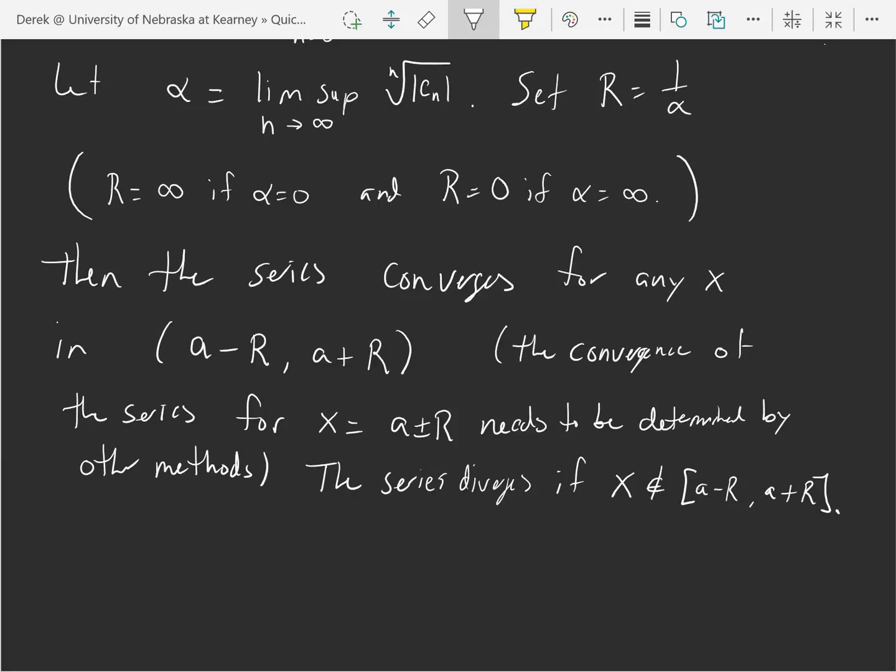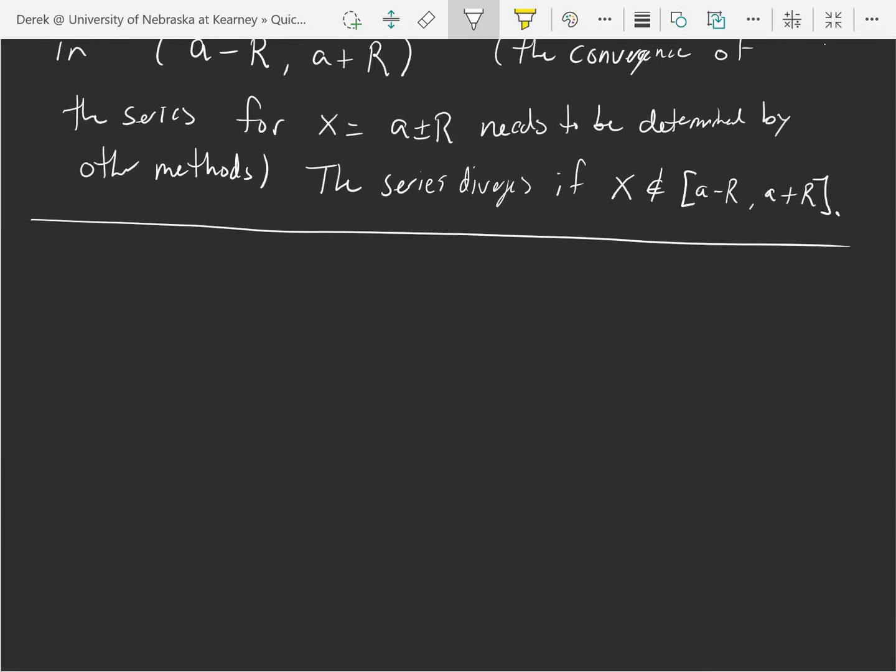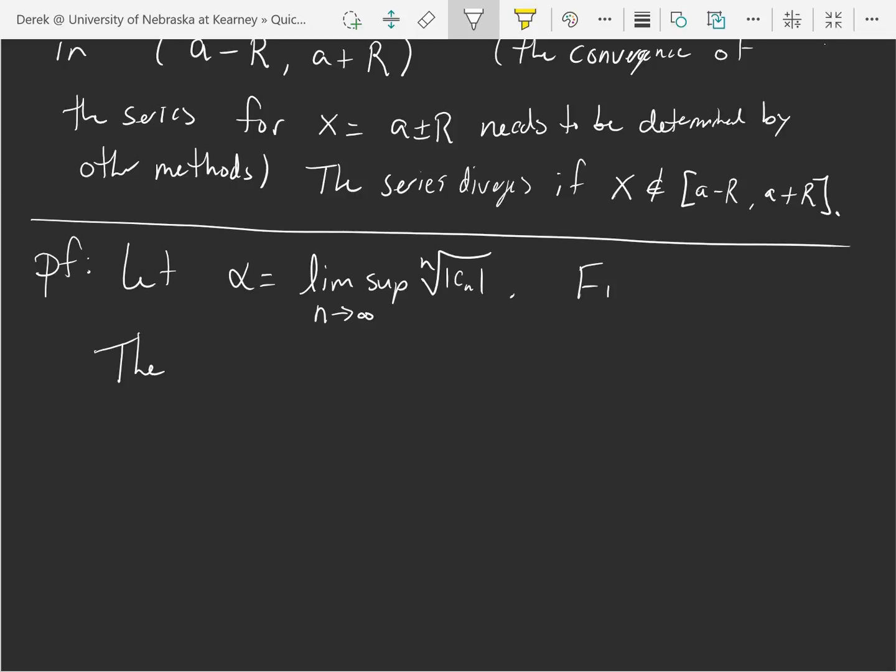Okay, so let's prove this and then use it to work with some examples. So let alpha equal this lim sup as n goes to infinity of the nth root of the absolute value of c sub n. The root test, let's fix some x.